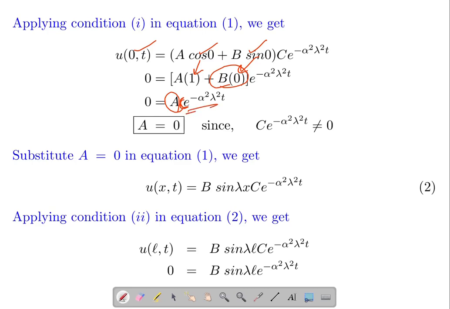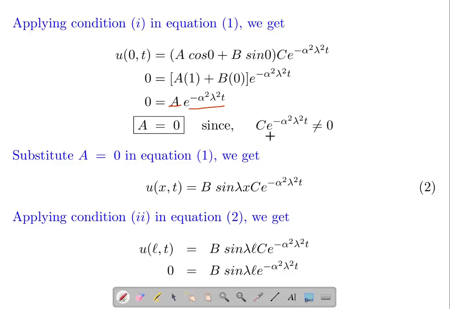Since this part is non-zero, a into this is equal to 0 means either a is 0 or this exponential term is 0, or both are 0. Both being 0 means there is no solution. So either a is 0 or this exponential term is 0.